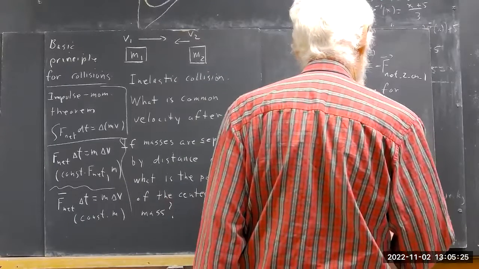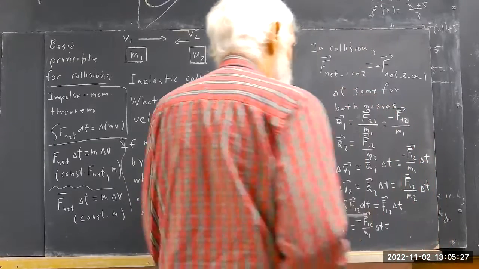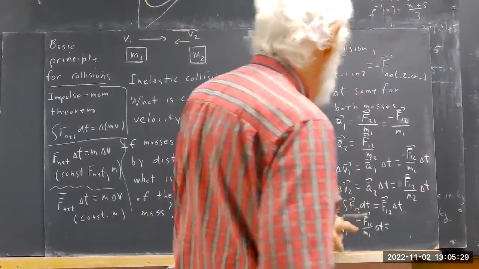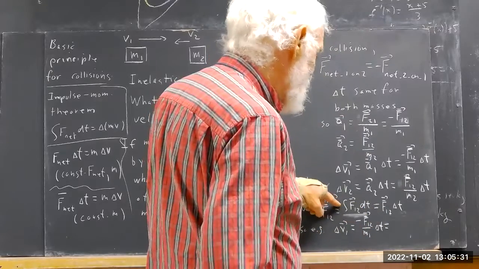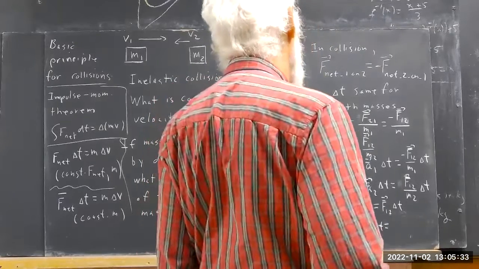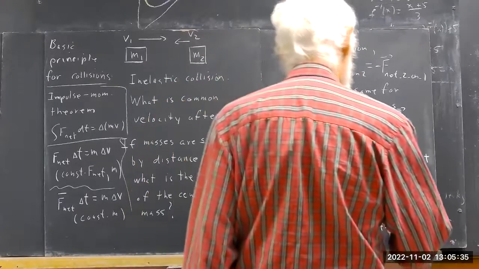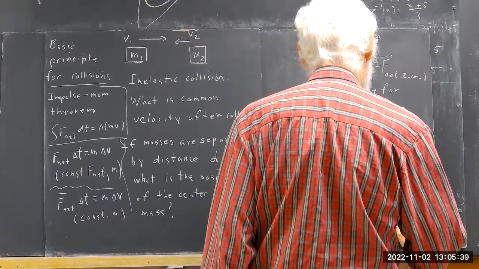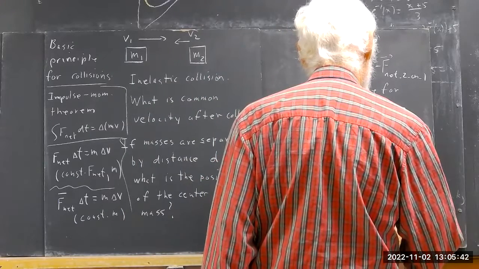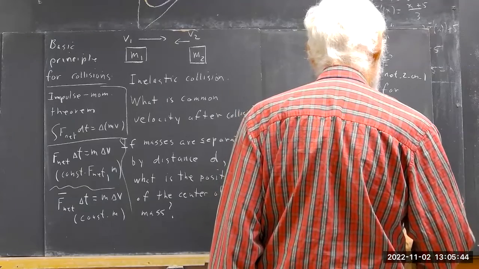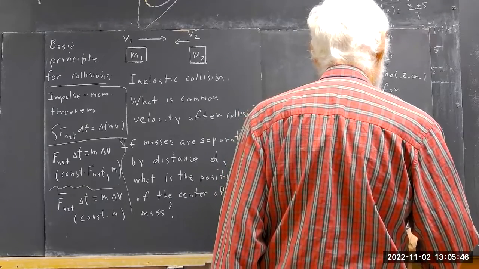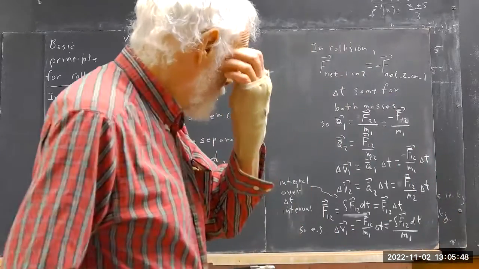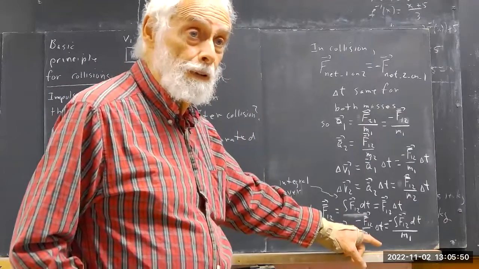Well, I don't have room to write it all out, but if you write it all out and find out what F12 bar is, it's this integral divided by delta T. There was an extra delta T in there, it wasn't working out, but there it is.